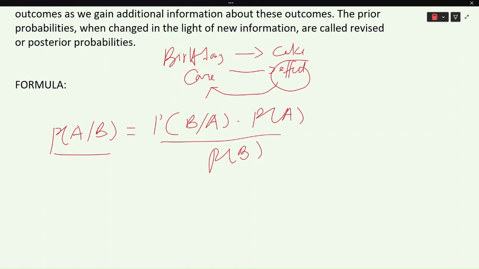Then the probability of B given A is what you already know. The probability of A is your initial belief, the prior probability. Then the probability of B is your total probability, the evidence you have. All right.